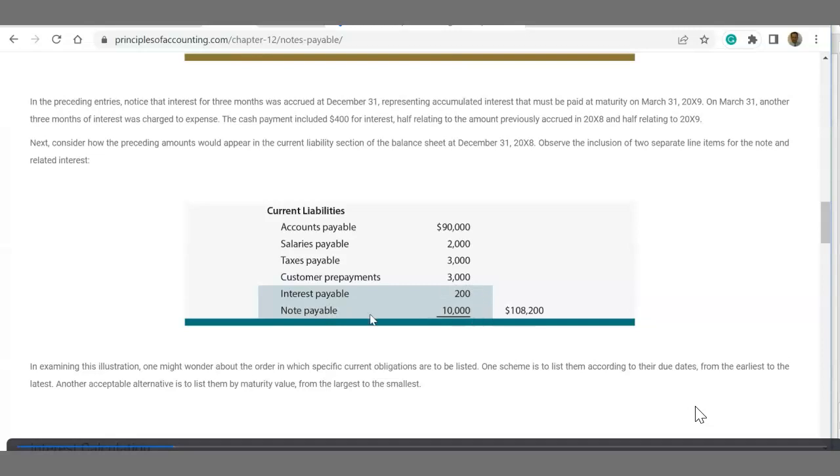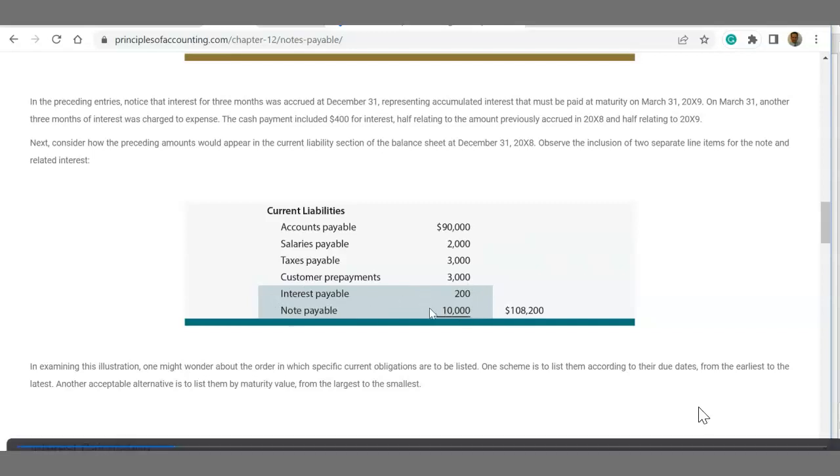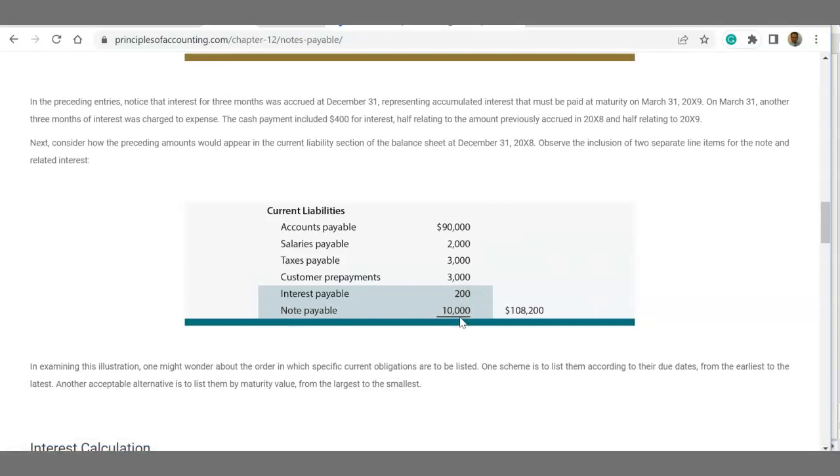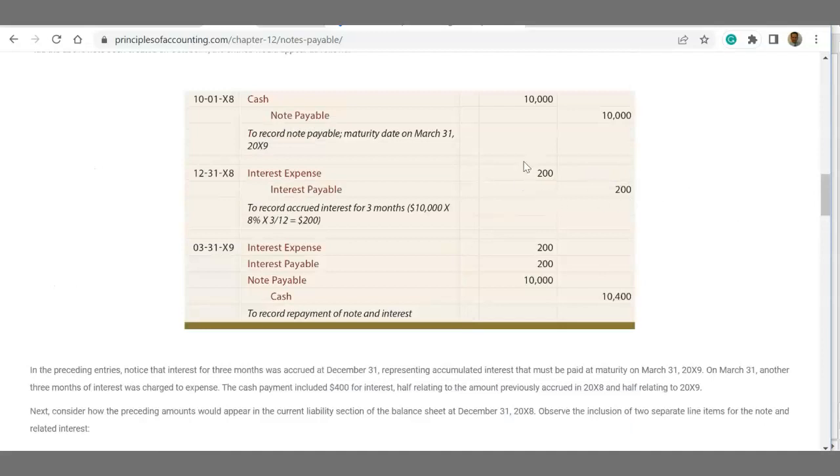As you see here, at the end of December 31st, because 3 months of borrowing happened, we recognize $200 interest payable and $10,000 note payable. And this is from this journal entry.